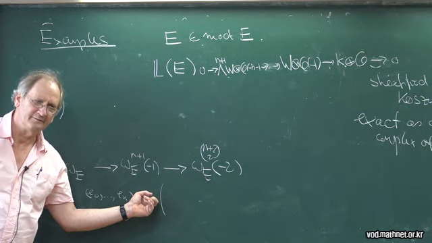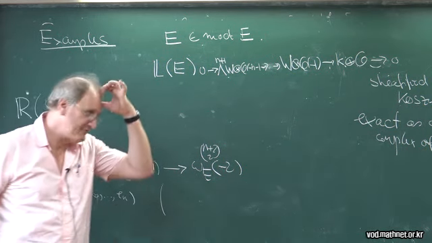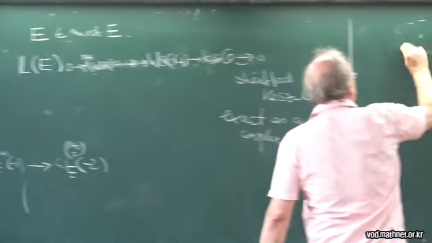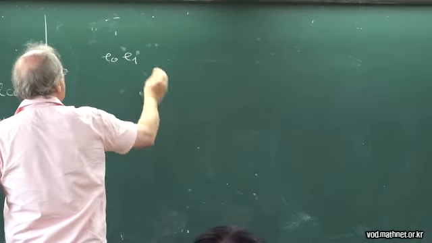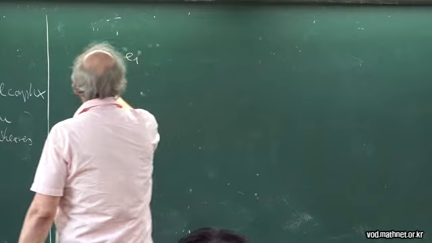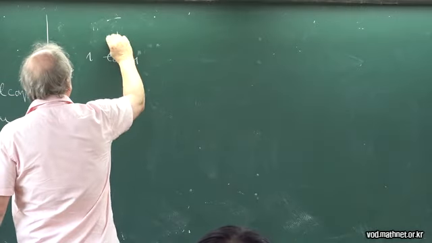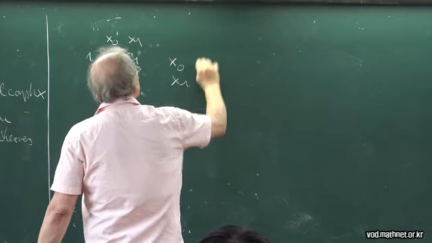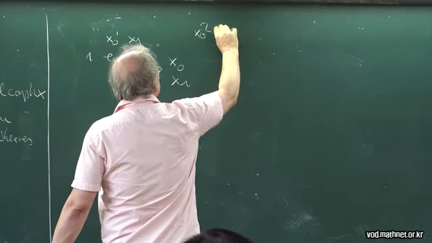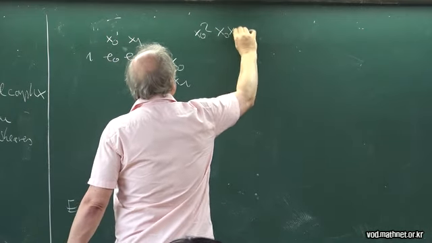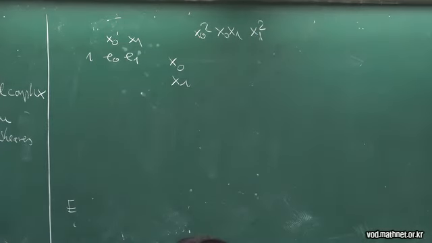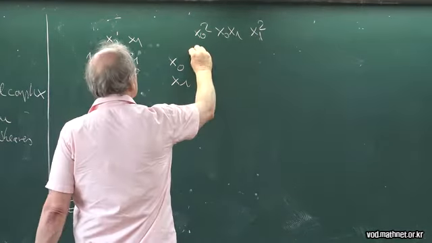Let's do a very simple example. Let's do n equal 1. So we have e0, e1, and this corresponds to 1, and then we have x0, x1, and then the next matrix you have x0, x1, and then we have x0 squared, x0x1, x1 squared. What do we get next?